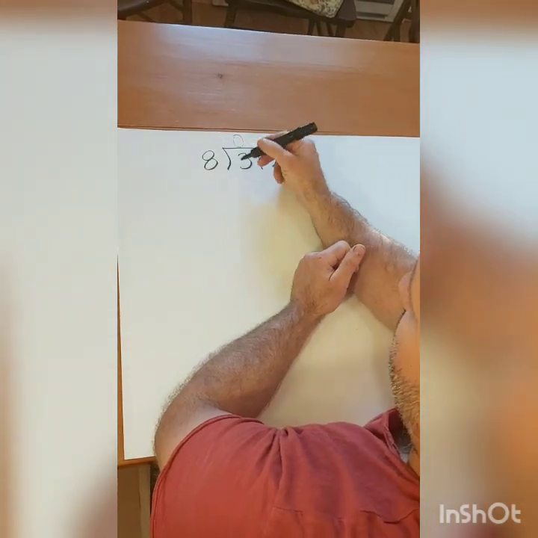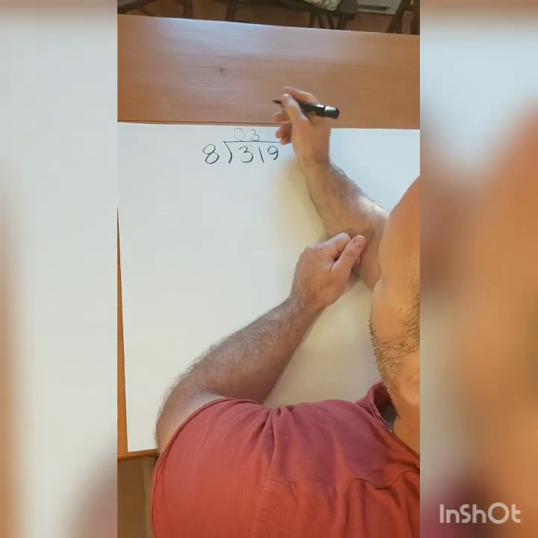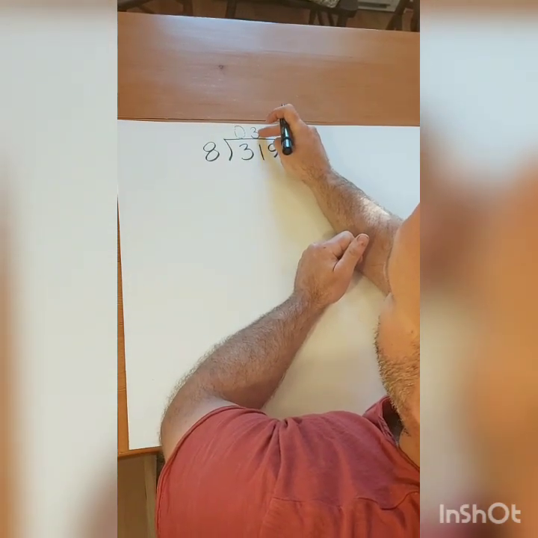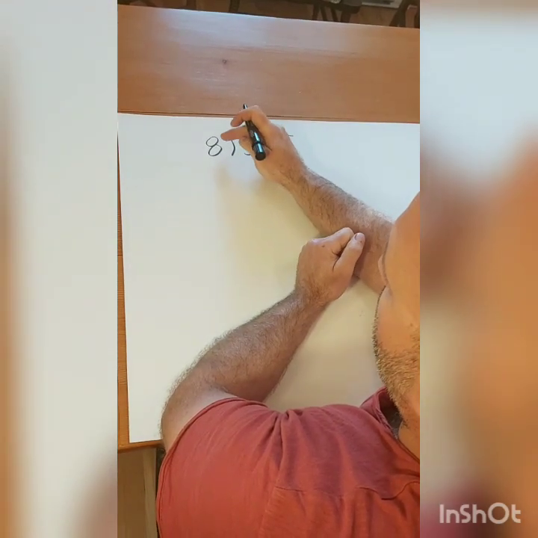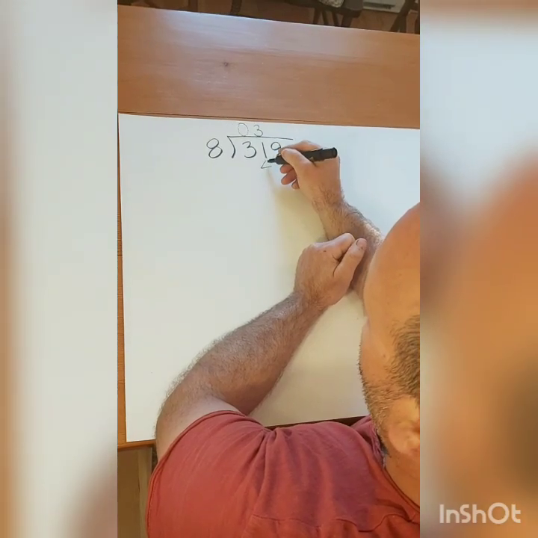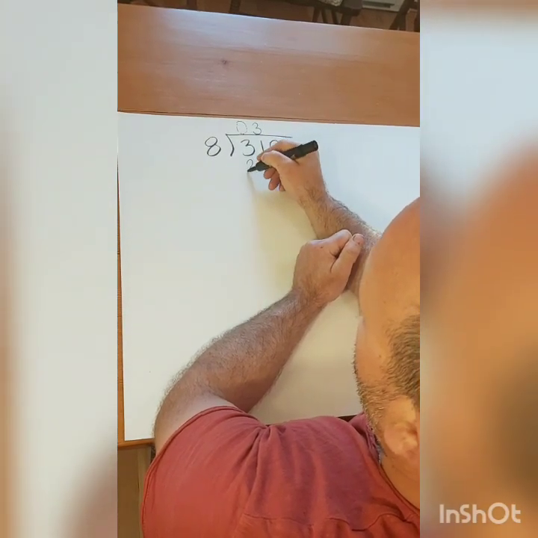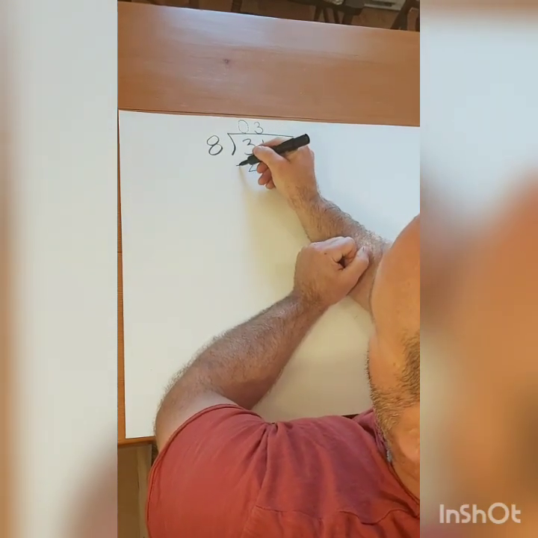So I know that 8 can divide into 31 3 times. We write a 3 up above the 1. Now the next step is to multiply. 3 multiplied by 8 is 24. Again, very important that we line up our numbers correctly. The following step is to simply subtract.